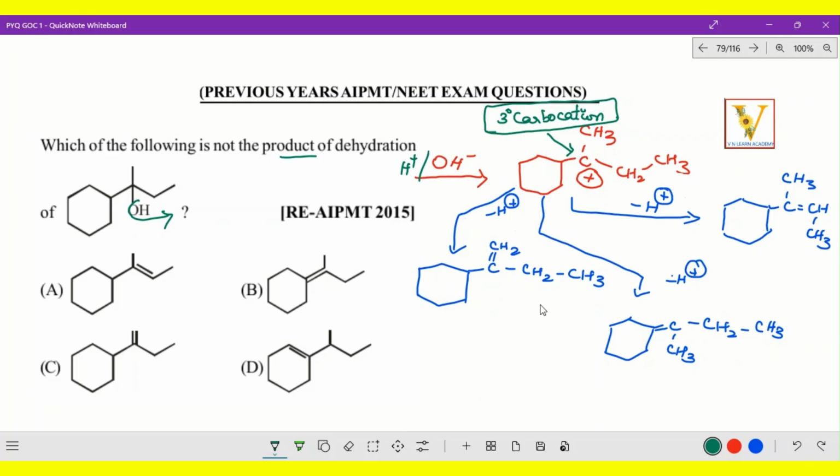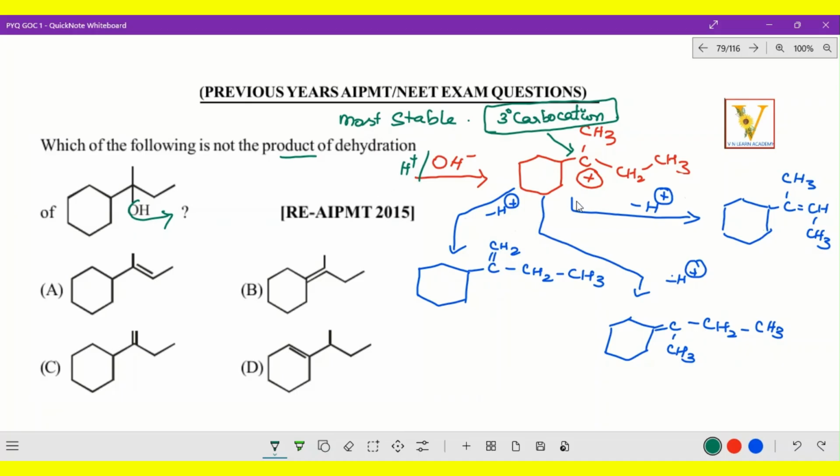First and foremost, which is the correct option? Let us check. In this, if the OH is leaving, automatically you will get the carbocation over here, a tertiary carbocation, which is the most stable.